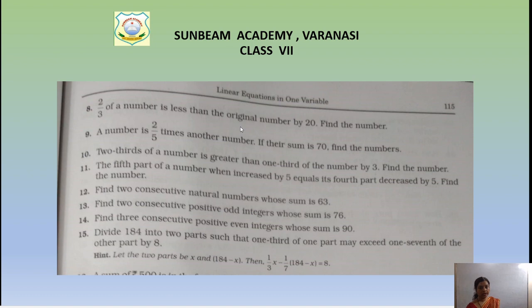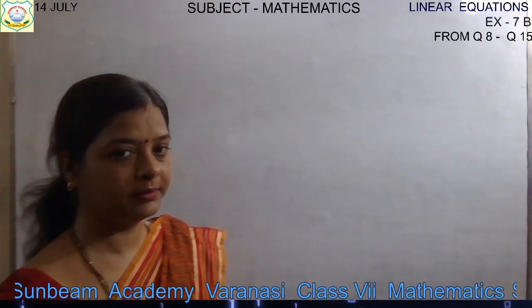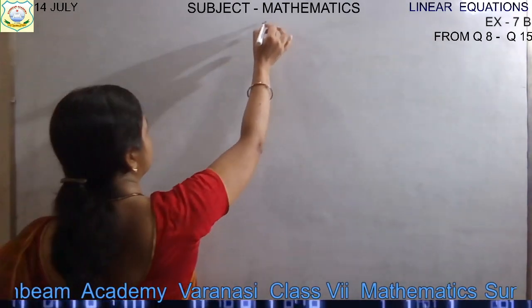Let's write down the equation first. Now see how we will make the equation. A number is 2 by 5 times another number. So there are two numbers.